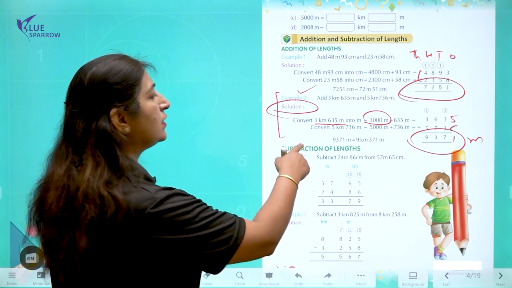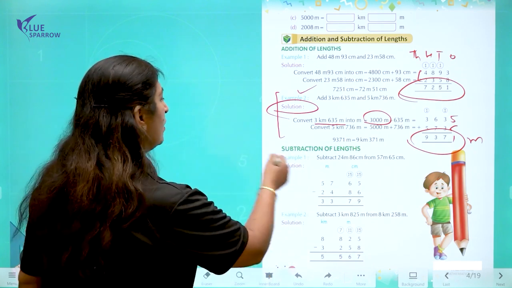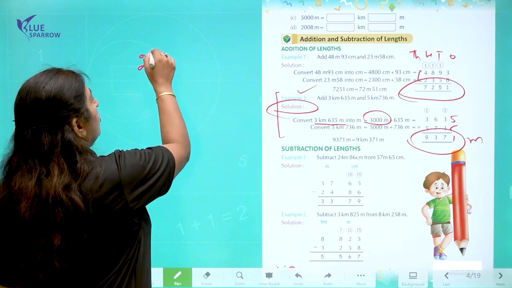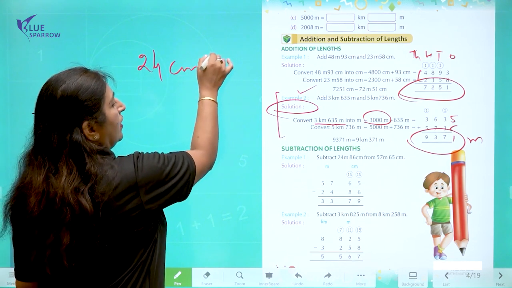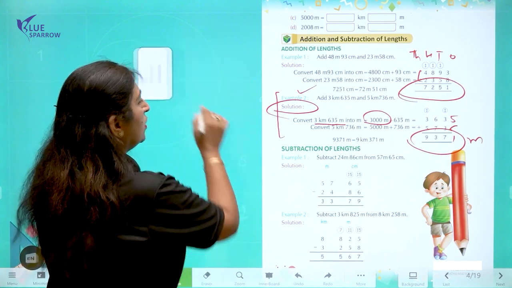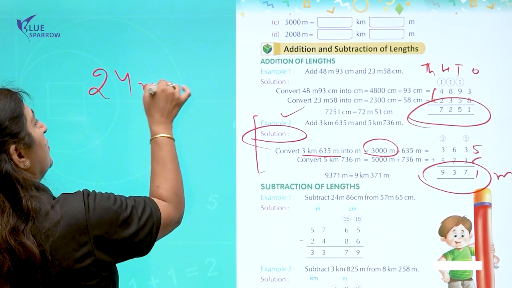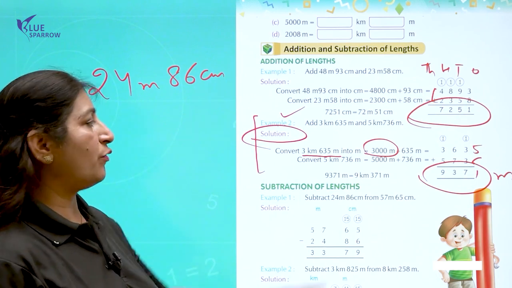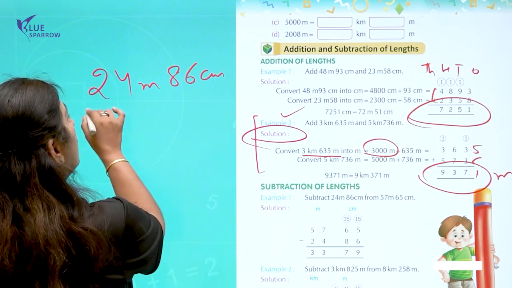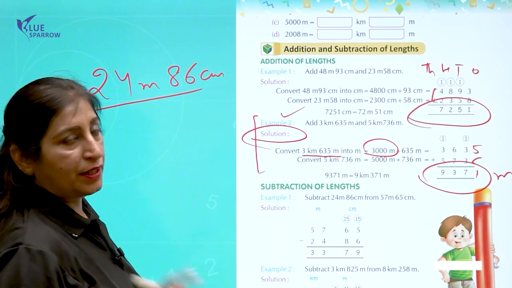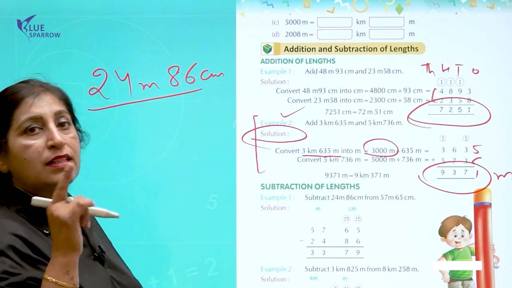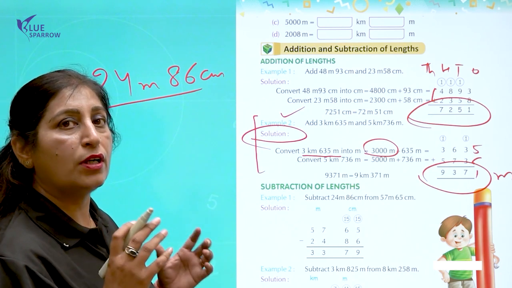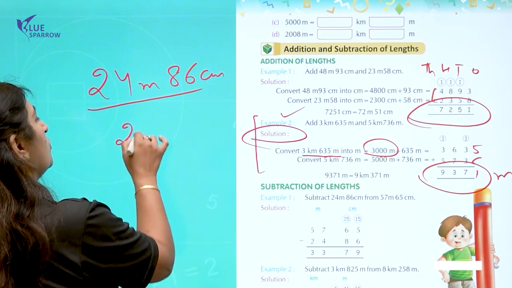Firstly, we convert the given lengths into centimeter and we will subtract these numbers. Suppose the numbers are 24 meter and 86 centimeter. This is your first length which you have to subtract from the other length, and we are just going to convert it into centimeter. 1 meter contains 100 centimeter, so it means 24 meter means 2400 centimeter.